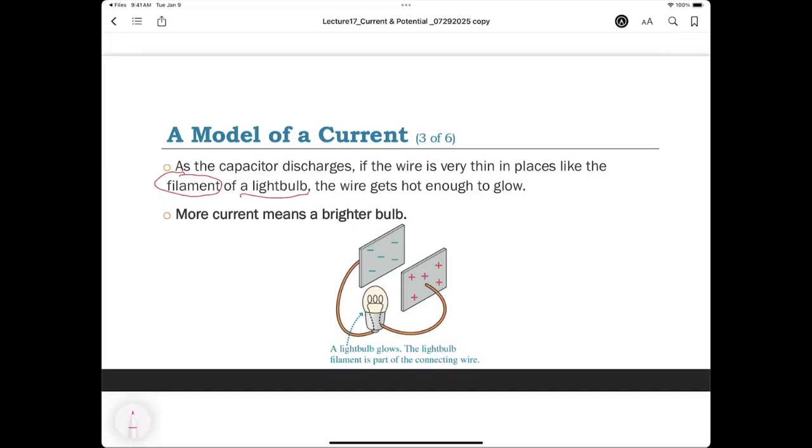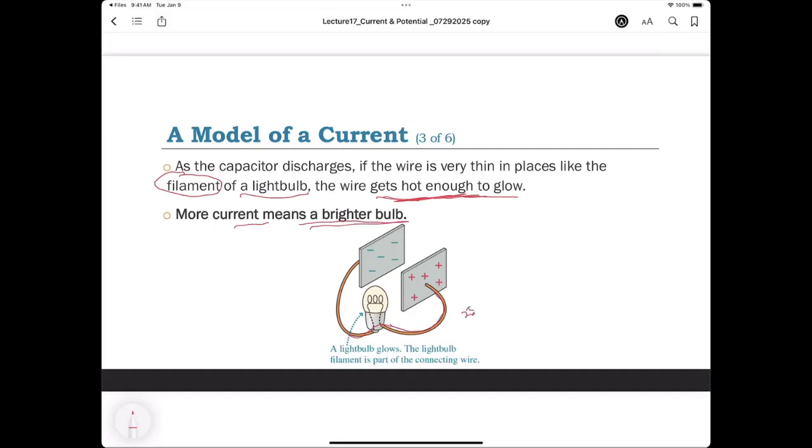The wire gets hot enough to glow. We will leave this question here and talk about it later. More current means a brighter bulb. That makes sense to you, because more current means the charge through this bulb is more. Am I right?